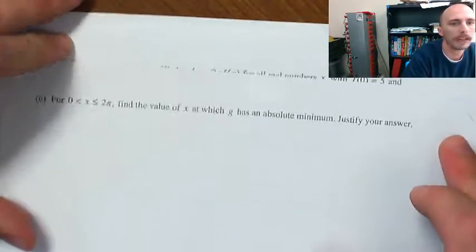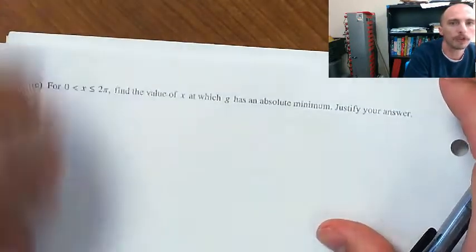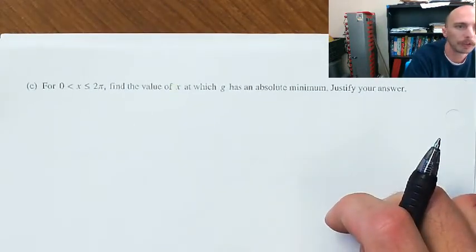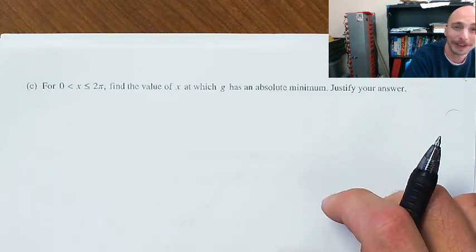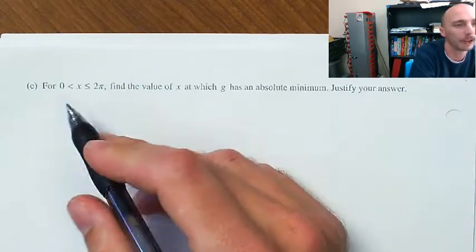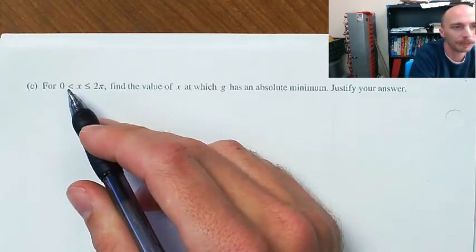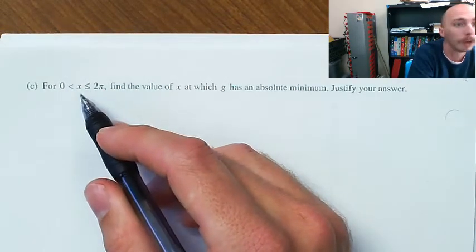Part C, we're going to find the absolute minimum of g, and then we're going to justify our answer. Think about this. This is interesting because it's not a closed interval. It's not open either.